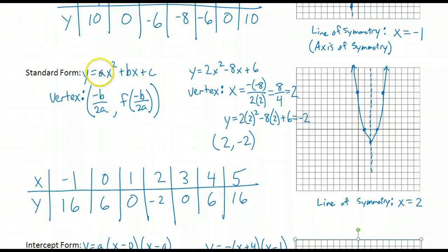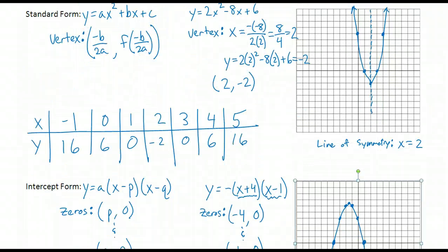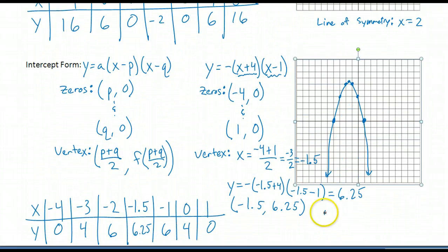Whenever my a is less than 1 but greater than 0, then I have a wide parabola. My line of symmetry will be at this vertical line when x equals negative 1.5.